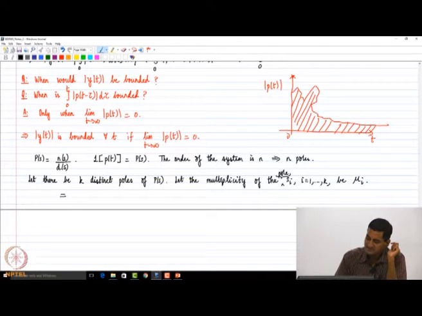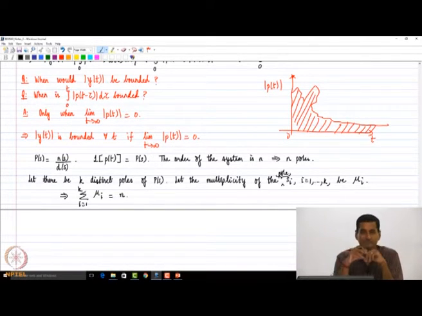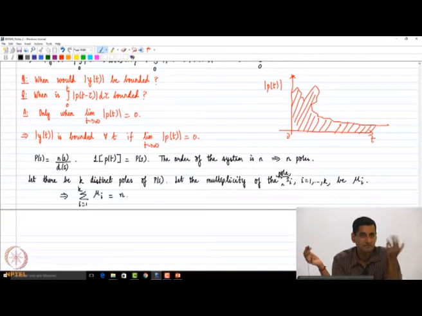So this implies that the summation of mu_i, i going from 1 to k, should be equal to n. Let's say I have a 10th order system, with 9 non-repeating poles and the 9th pole repeating twice. The summation of the multiplicity should be 10, so that I cannot violate.